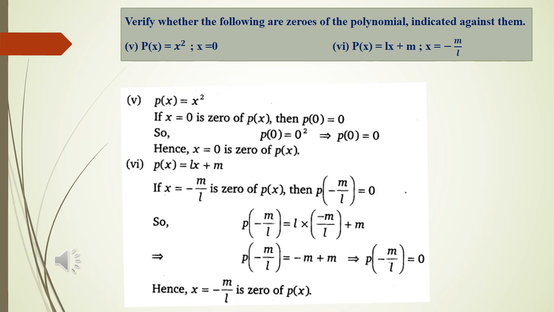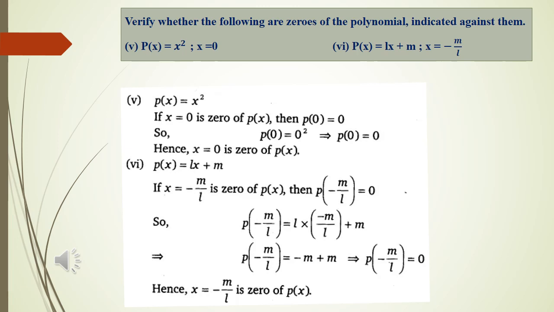Now when we substitute x is equal to 0, we will have p of 0 is equal to 0 square. And you know very well that square of 0 results in 0. So here as we are getting overall result 0, we can say that 0 is a zero of the polynomial p of x is equal to x square.